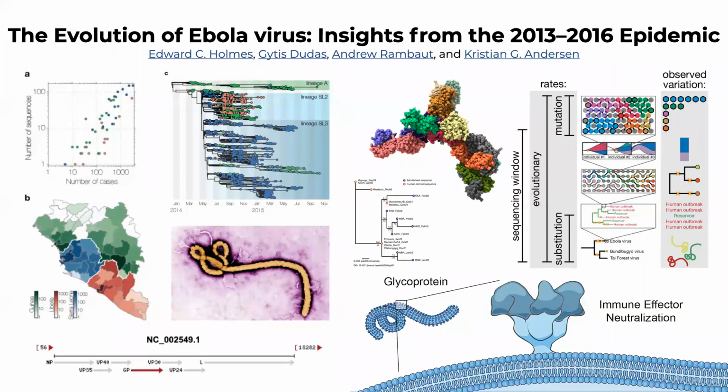The other focus was on specific mutations in the glycoprotein that have contributed to the virus spreading more rapidly or being more deadly, so causing more deaths.